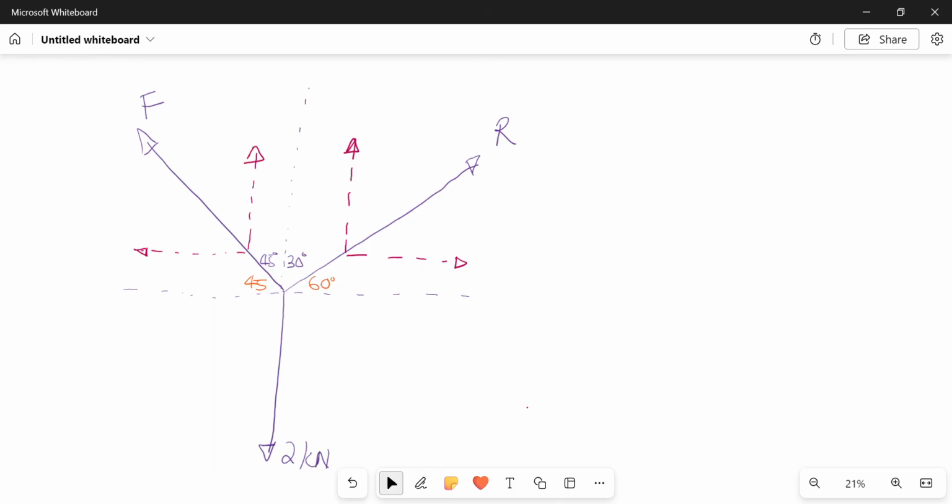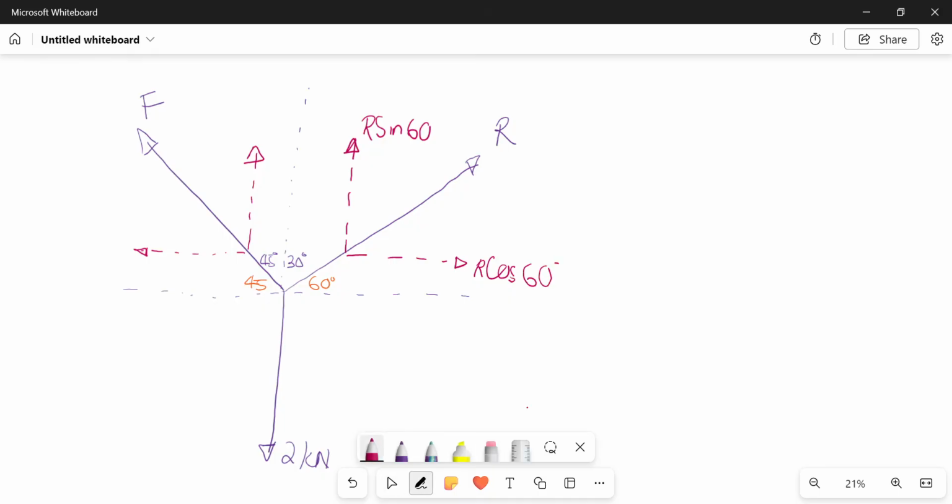Then since that is opposite our 60, that will be R sine of 60, and R cos of 60.